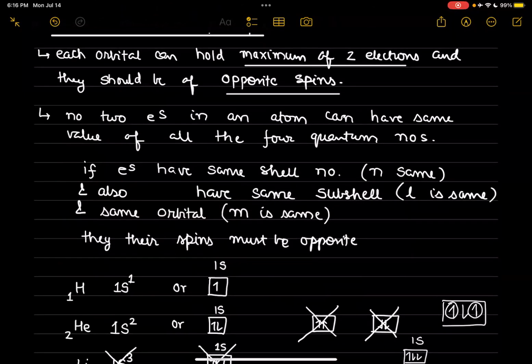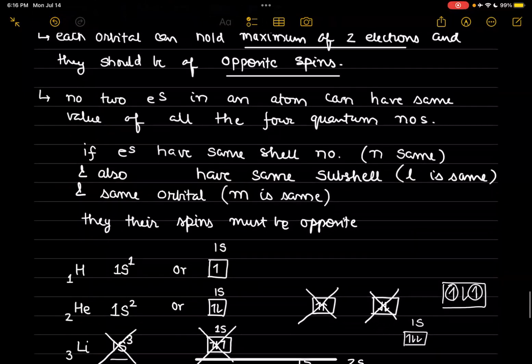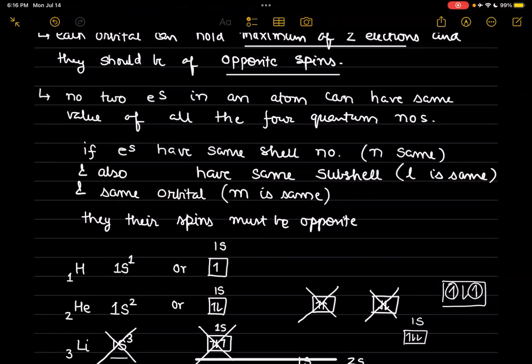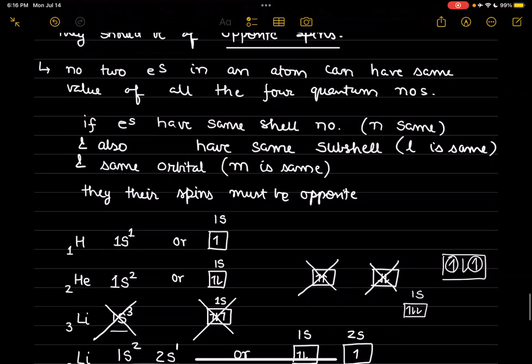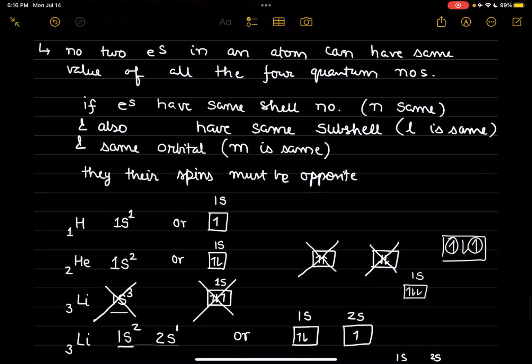There is one more way to say it: no 2 electrons should have the same values of all 4 quantum numbers. If the shell is the same, subshell is the same, and orbital is the same, it means n, l and m are the same, so at least they should have different values of the spin quantum number.